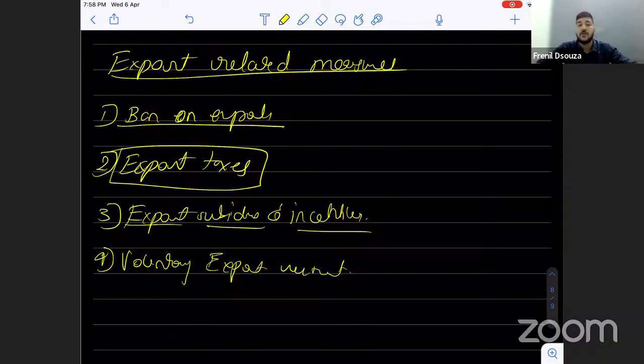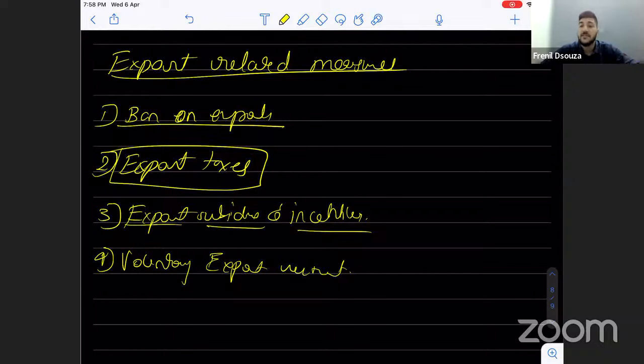From the examination point of view, it is usually so that in every exam, Economics for Finance, two of these things are usually asked. They can ask about tariff or non-tariff measures. They can ask what is export subsidy, what is tariff rate quota, what is ad valorem tariff, what is escalated tariff, what are sanitary and phytosanitary measures.